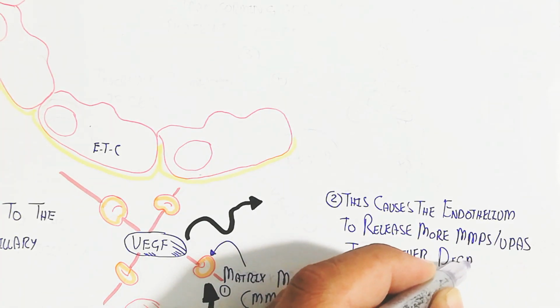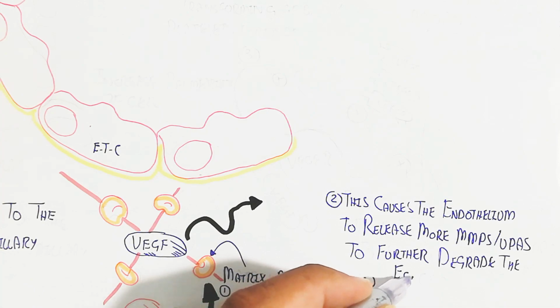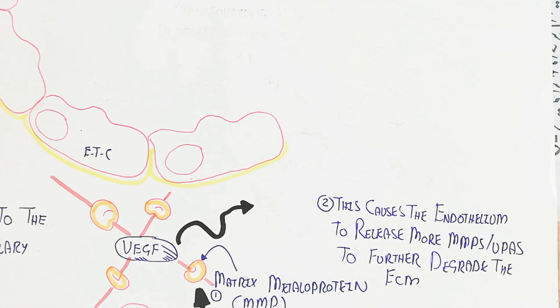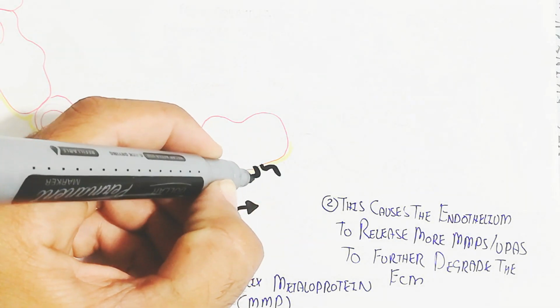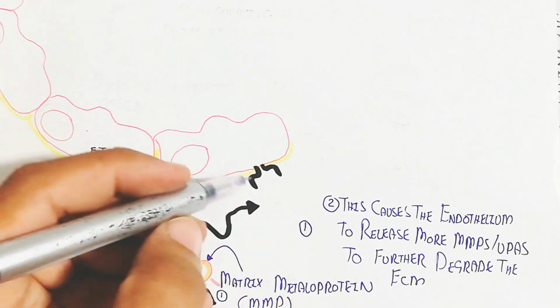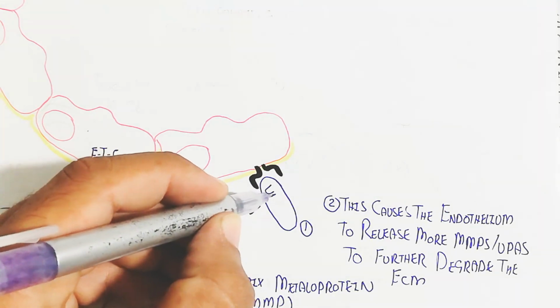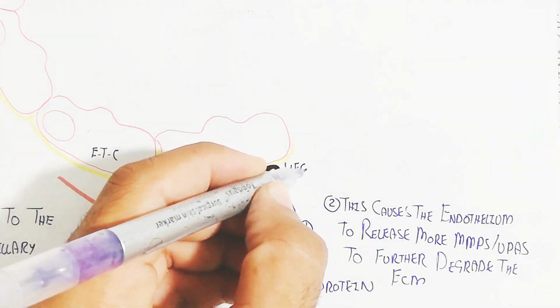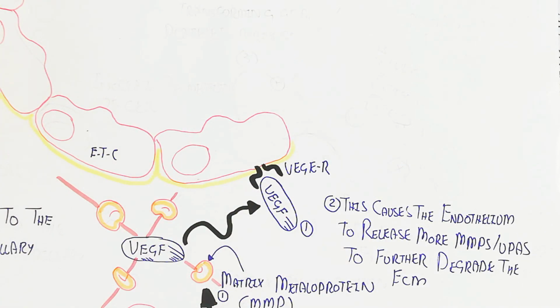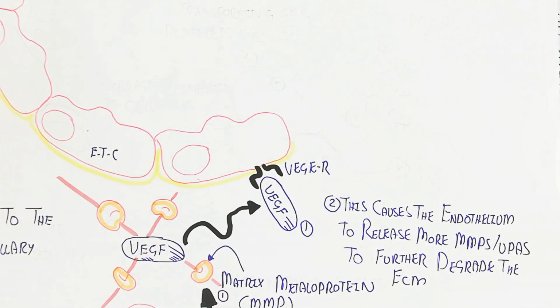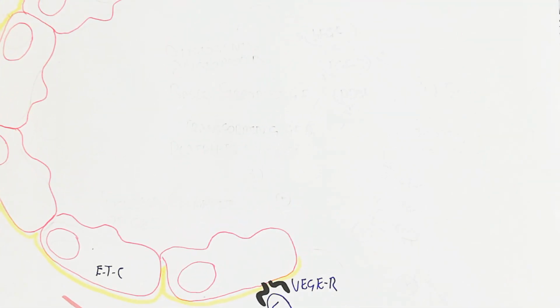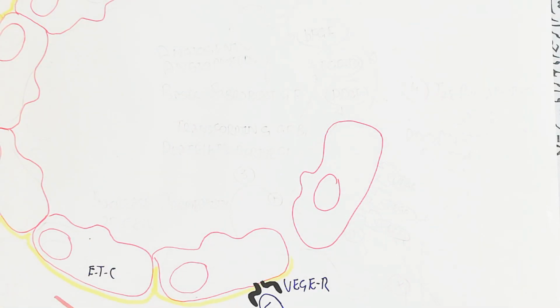Number two, this causes the endothelium to release more MMPs and UPs to further degrade the extracellular matrix. So the extracellular matrix will degrade to allow space for blood vessel insertion and growth of the blood vessel. And remember, step 3 is the increase in the permeability of the cell.